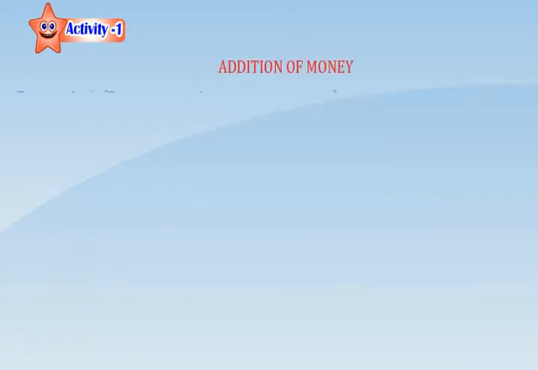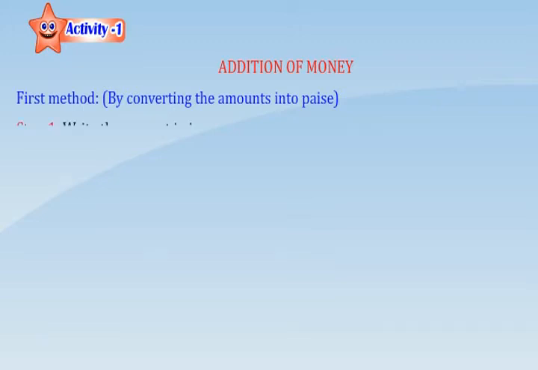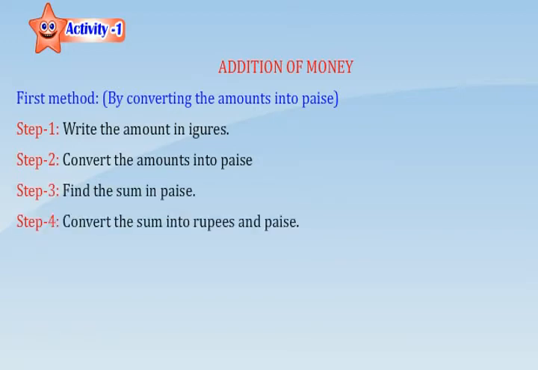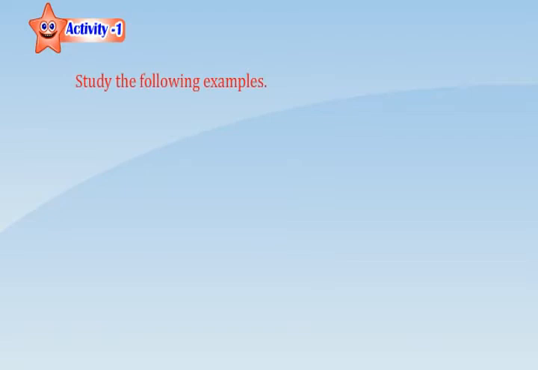Addition of money. First method, by converting the amounts into paise. Step 1. Write the amounts in figures. Step 2. Convert the amounts into paise. Step 3. Find the sum in paise. Step 4. Convert the sum into rupees and paise. Study the following example.